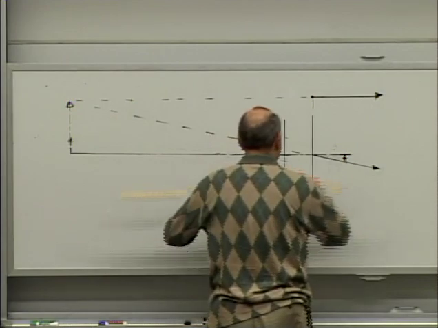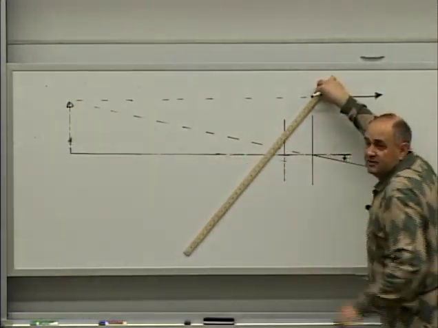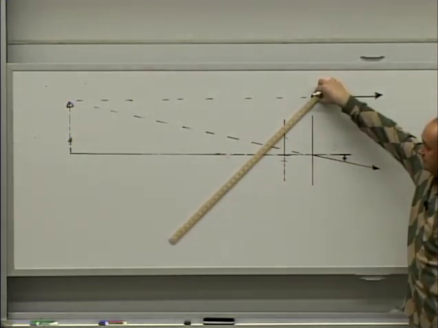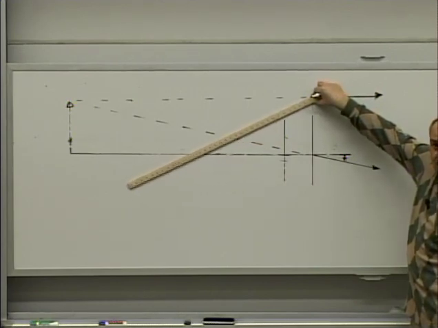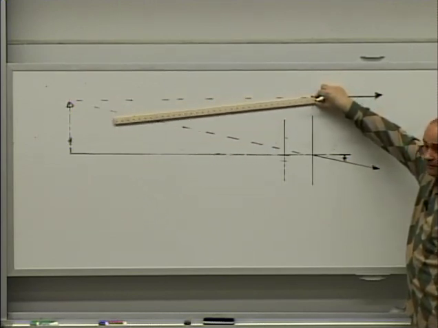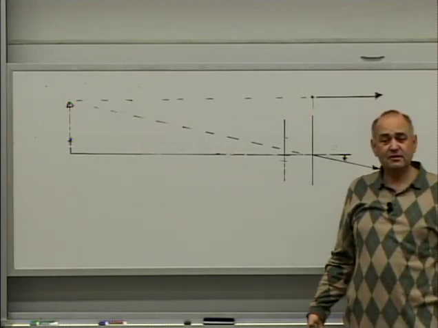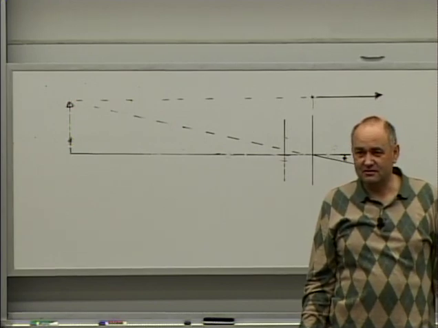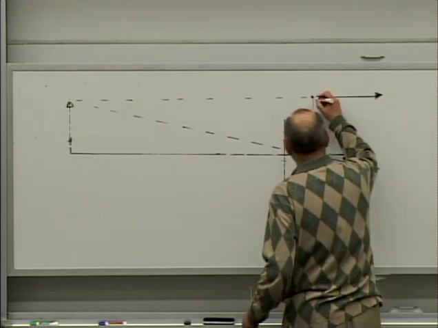How about if I put the ruler, I know that it has to hit the lens here. Is this one good? Am I getting closer? Well, through which other point is the object focal ray supposed to pass, or its extension? Yeah, one is here.